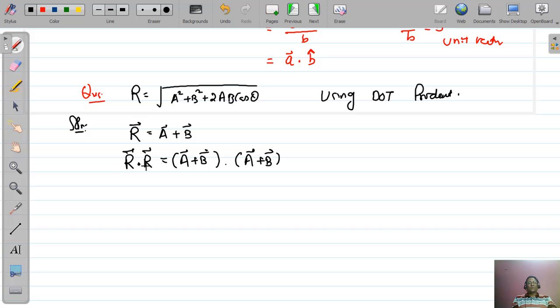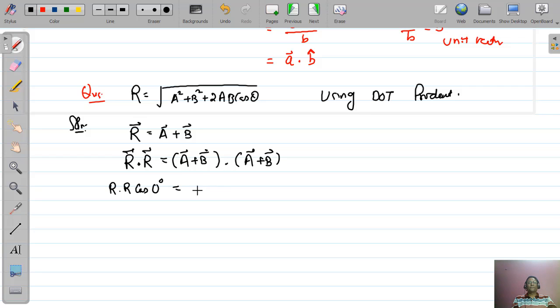By definition of dot product, vector R dot vector R equals magnitude of R vector, times magnitude of the other R vector, times cos of the angle between them, which is 0 degrees because both are the same vector, so they are parallel. Now we take the dot product of these two vectors.